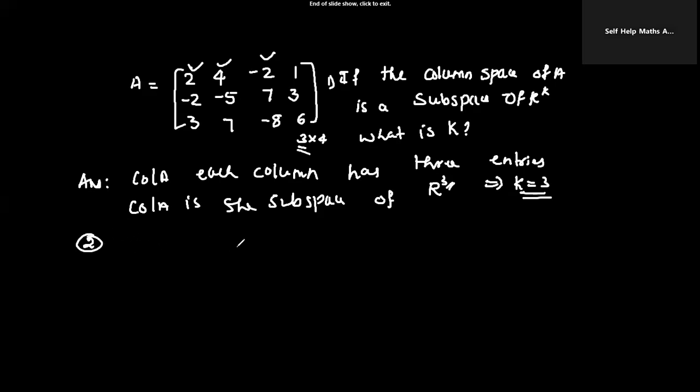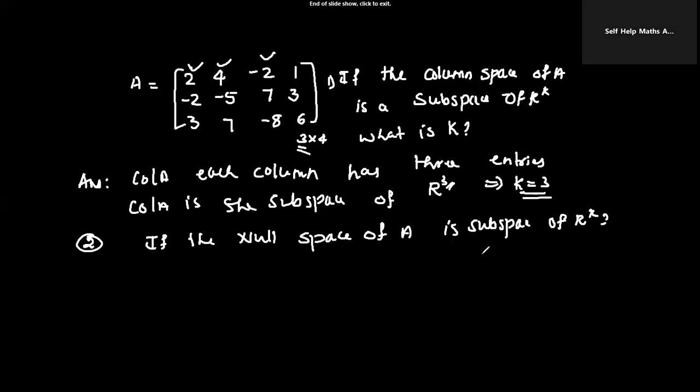The second question is: if the null space of A is a subspace of Rk, what is K? Is our null space a subspace of Rk?